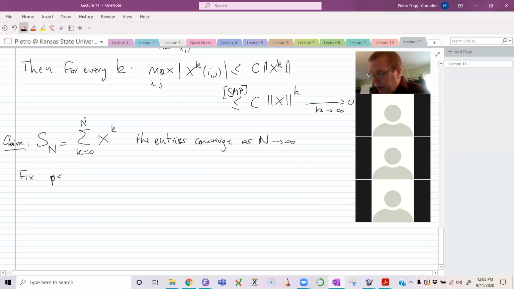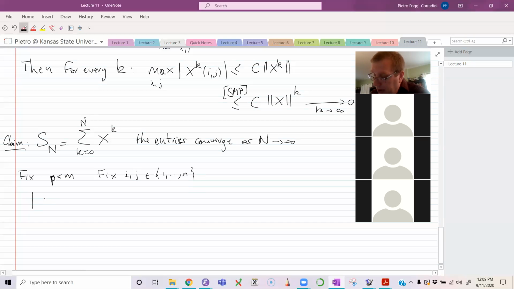P maybe, P and M. So two numbers P and M, one less than another, and also fix i and j. These are just rows or columns.